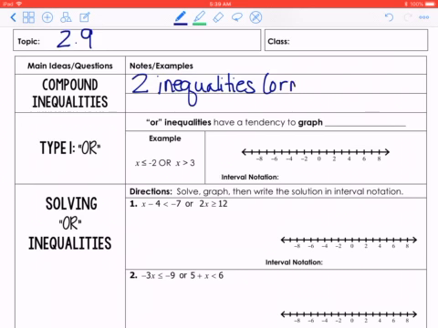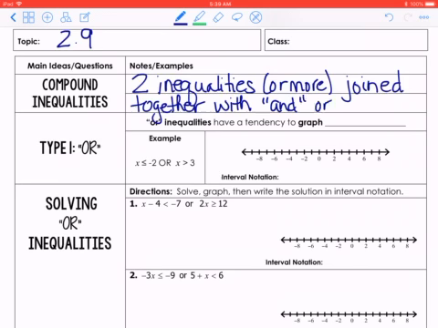You could have more. For our purposes, we'll probably just stick with mostly two. But two or more that are joined together with and, so the actual words here we're talking about, or.